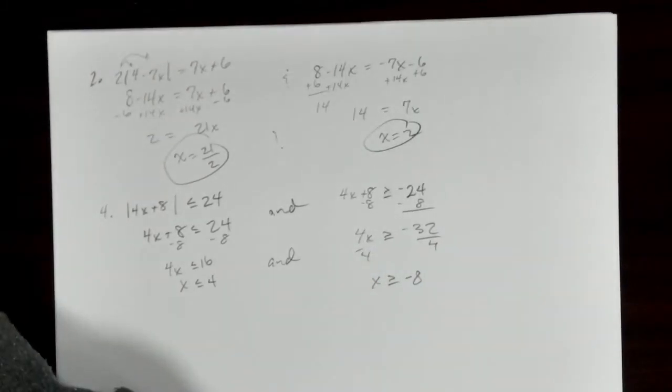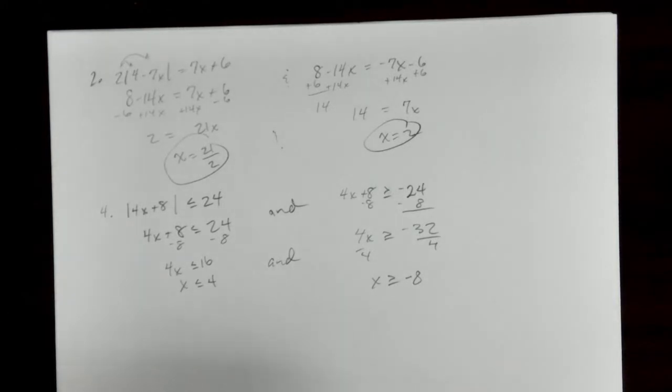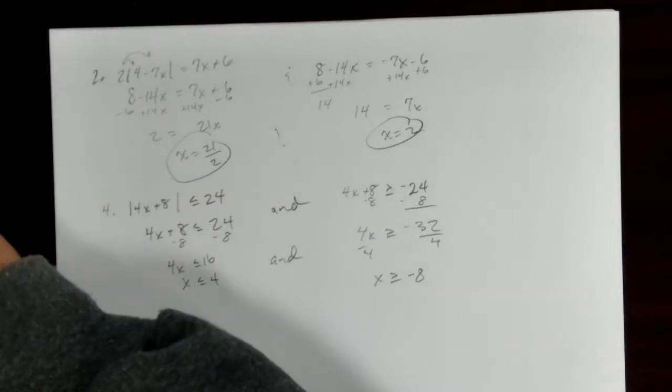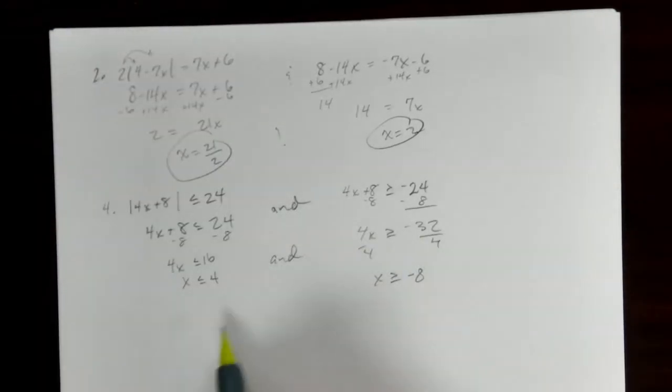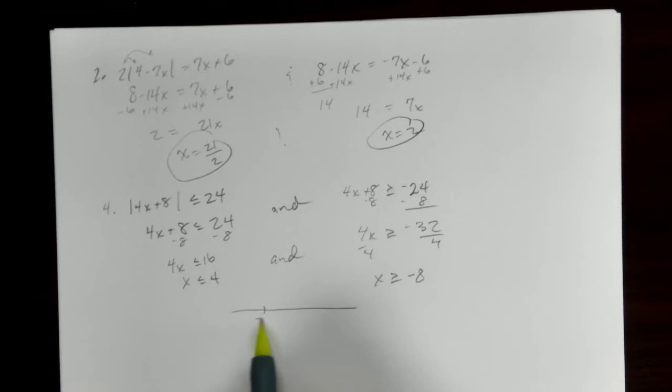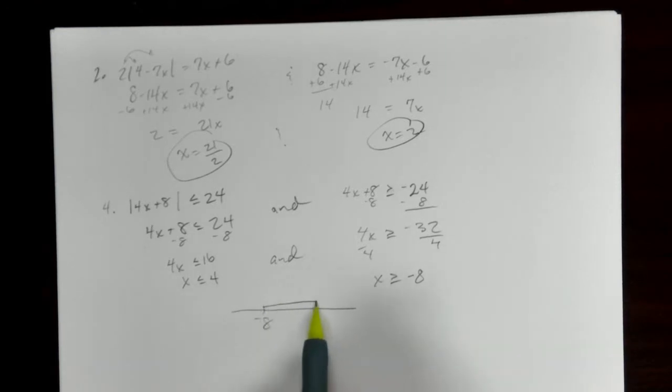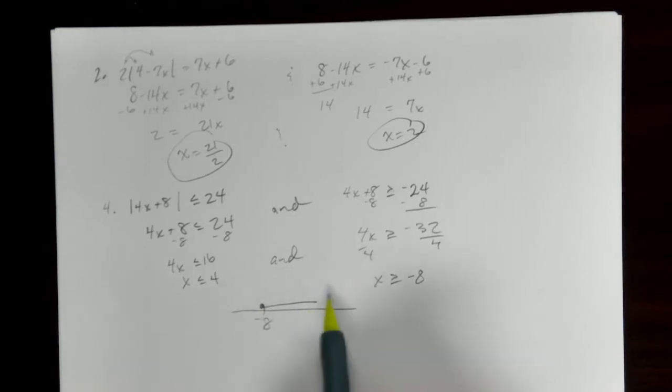All right, so we can see that x is less than or equal to 4, and x is greater than or equal to negative 8. On the number line, my solutions will be from negative 8. X is greater than that, but it's less than 4, so my solutions are in between negative 8 and 4.